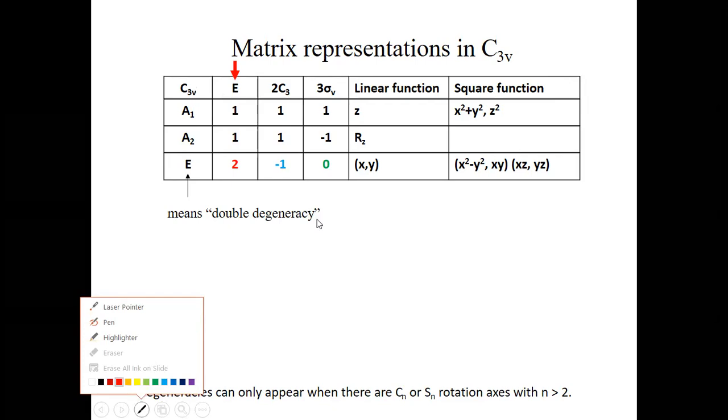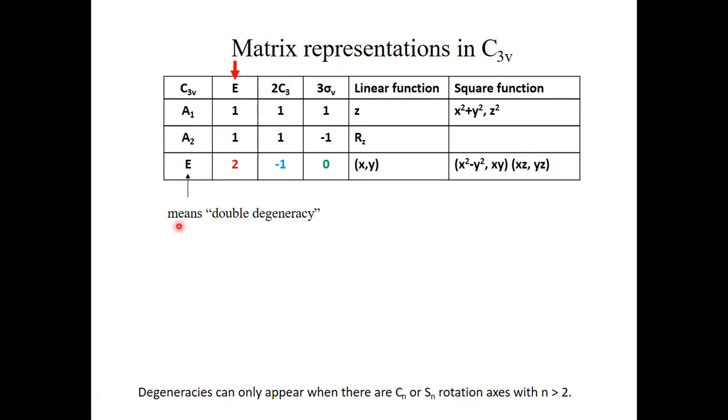So now to the right, you see the different columns, classes for the different symmetry operations that are conjugate. You see here the identity. You see here we have the 2C3 symmetry operations, which are now in the same class because they are conjugate.